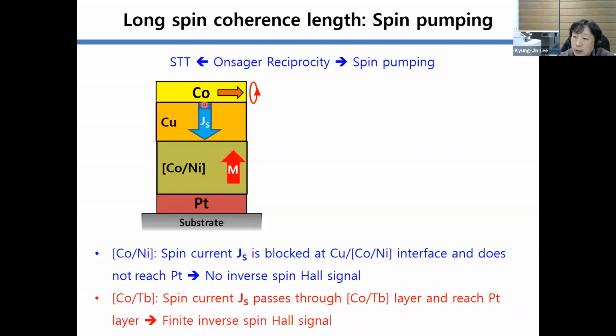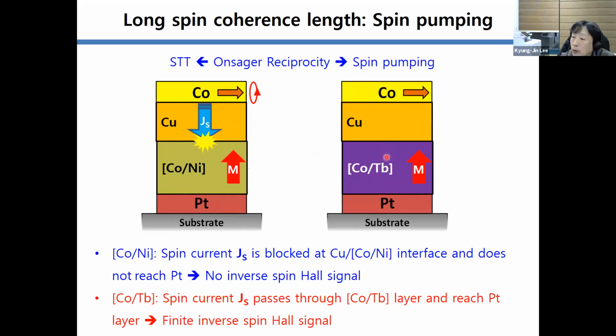This spin current carries the spin polarization of this in-plane cobalt. Therefore, it transfers spin current to this perpendicular magnetization of cobalt nickel. In the case of the ferromagnet, it should be almost completely absorbed at the interface here, and therefore no current can reach the platinum layer. So we expect there is no inverse spin Hall effect.